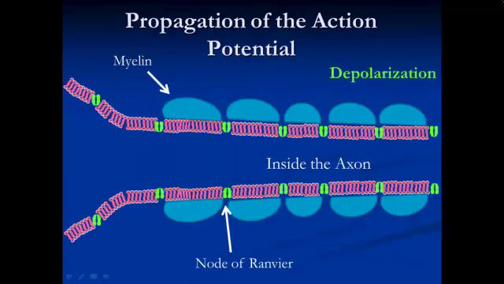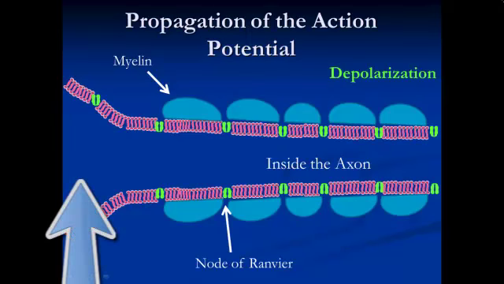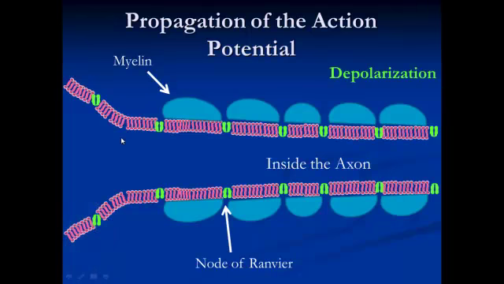Let's look at it again. Now in this one, I'm showing the cell body over here, and here's where the axon connects to the cell body. We call that the axon hillock. And you can see the sodium channels in there. These are voltage gated. I also have some myelin there, the myelin and the empty spaces, the nodes of Ranvier.